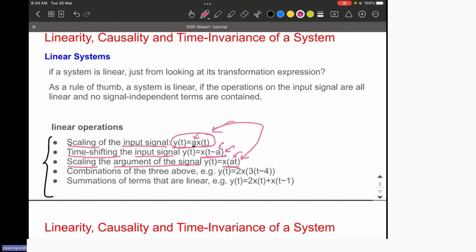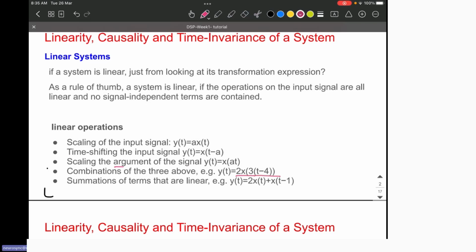Then a combination of any of the three above. If it is there in the system output expression, we can say that this system is a linear system. Now for this example, the expression is 2x of 3t minus 4.